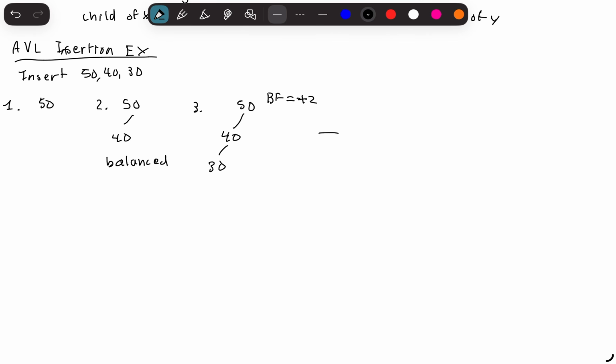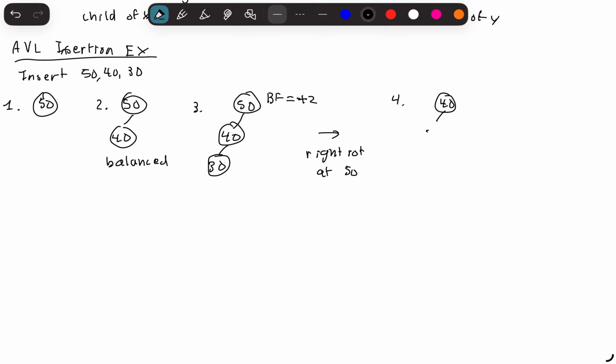So that means that you have to go through a right rotation at 50 in order to fix this, to make this balanced again. So it's going to be 40, 30, and 50.